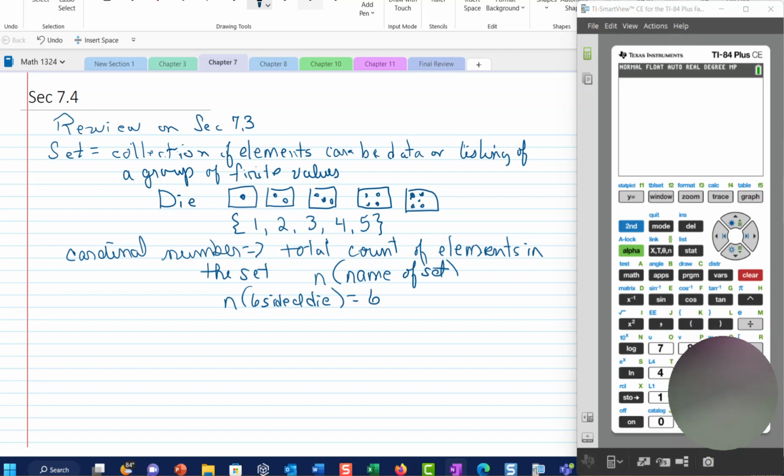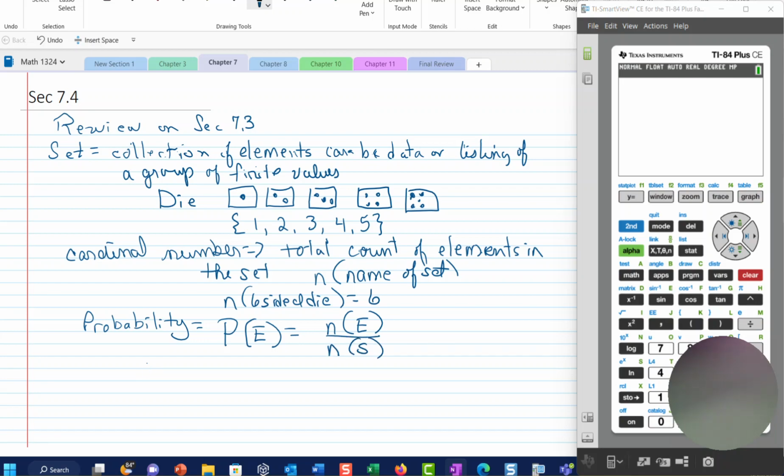Okay. We also learned about probability. And this was the big one. It's the capital P of some event is equal to the cardinality of the desired event over the cardinality of the sample space.